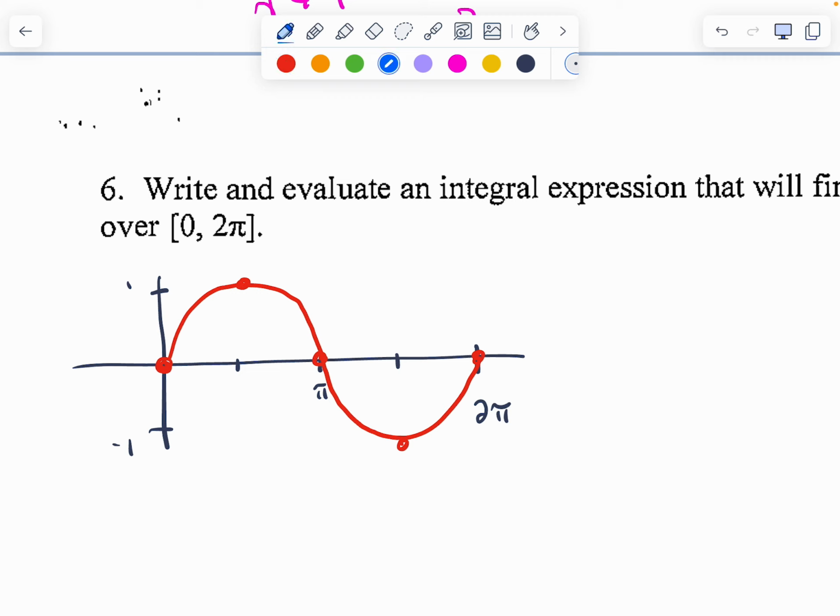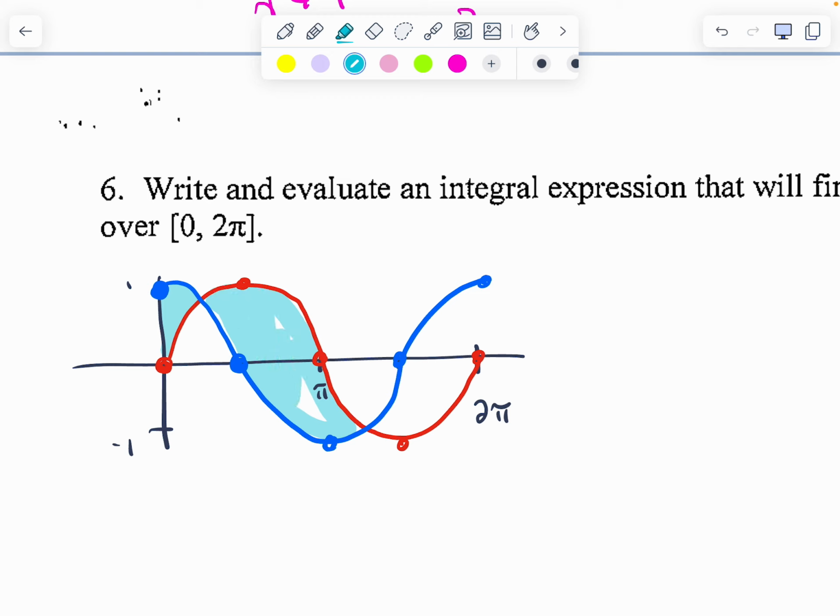For cosine, we start up here. We come down to the bottom, back up to the middle, and up to the top. Cosine looks like this.